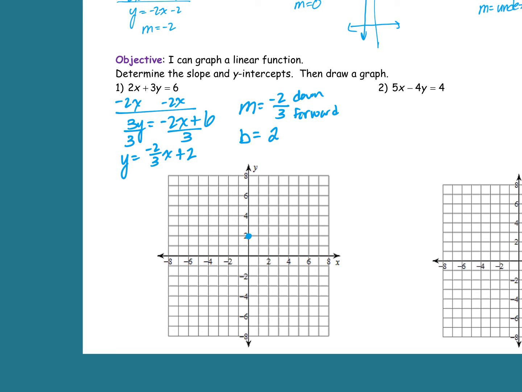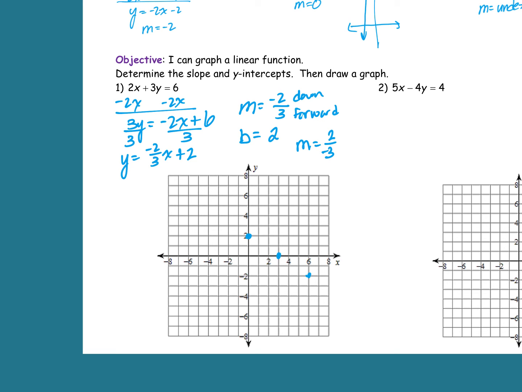So I'm going to go down 2, 1, 2, 3, and I can keep doing that forever, because the line goes on forever, or until I run out of graph space, like I just did. But I can also go the opposite direction, because my slope could also be positive 2 over negative 3. Is that still a negative slope?